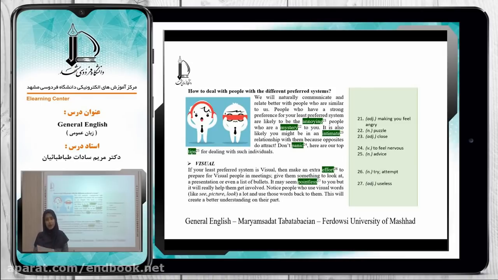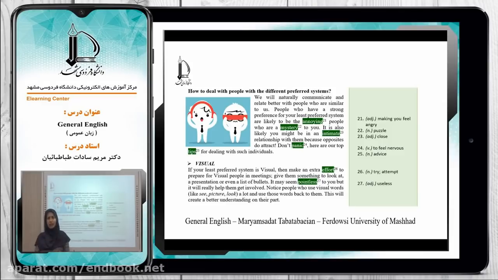Let's read this part to understand. The first paragraph in this part, starting with "we will naturally communicate," talks about the fact that we communicate better with people who are similar to us.